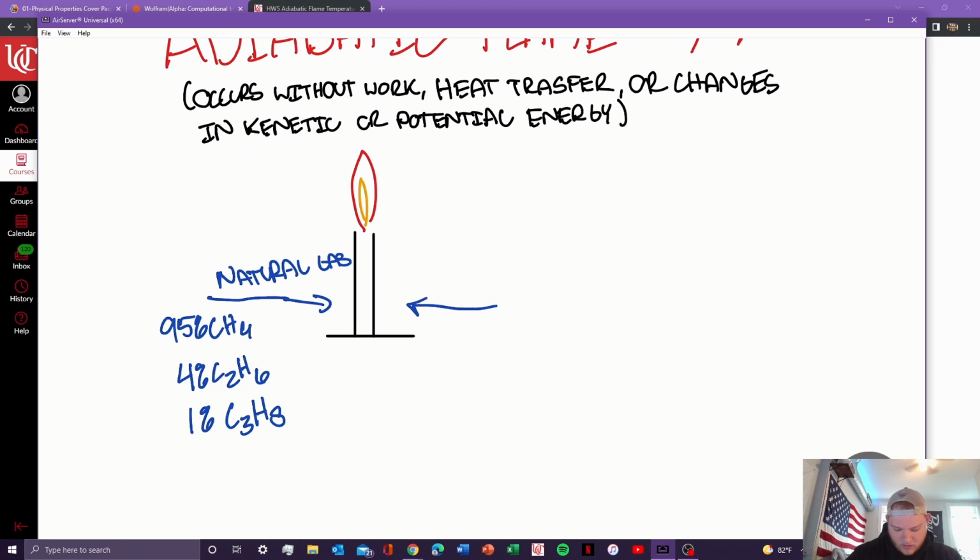And the other part of the fuel is air, and that is a 79 to 21% ratio of nitrogen to oxygen. And then there's a little bit of argon in there, but we're not going to worry about that.